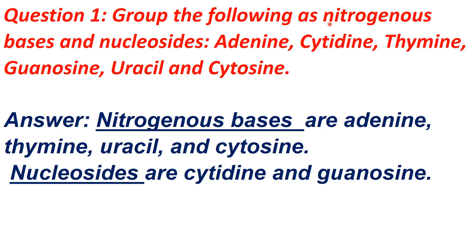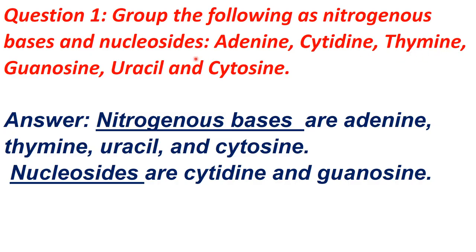When these nitrogenous bases combine with sugar, they make nucleosides, like cytidine and guanosine. Cytosine is a nitrogenous base, and when it combines with sugar it makes cytidine, so cytidine is a nucleoside.